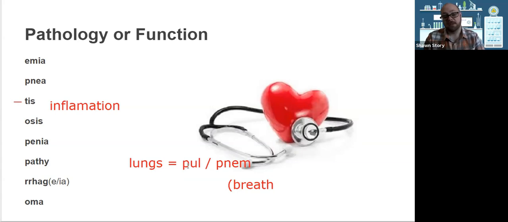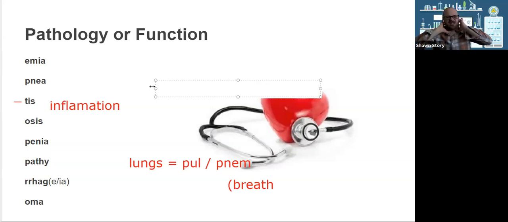So the root word for lungs is pul; anything pulmonary is going to be lungs related. Larynx is that tube that goes down and then splits into your lungs. So a laryngitis would be a swelling of that tube. Again, you're seeing difficulties breathing, because they have a sore throat, it's red, inflamed. A laryngitis is the swelling of the throat.